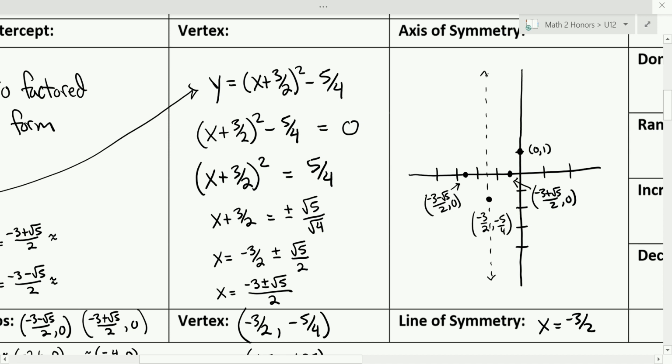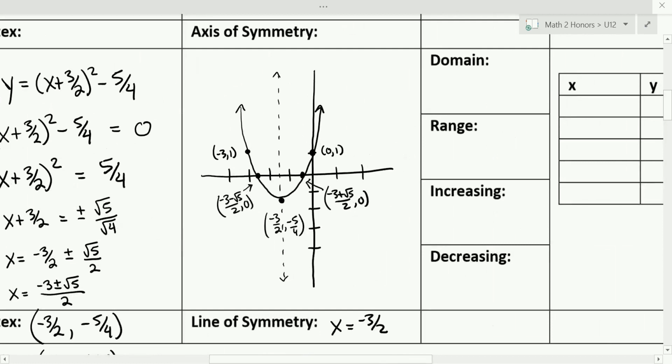The best thing to do is just reflect 0, 1 across that axis, and you get -3, 1. And there is our parabola.